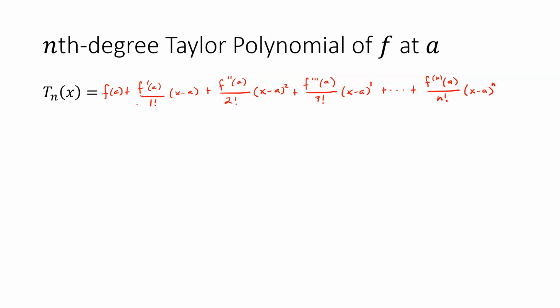Okay, so that gives us an nth degree polynomial, and we saw previously that the function f of x can be approximated by the nth degree Taylor polynomial for values of x that are close to a.